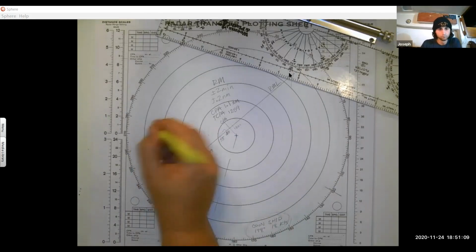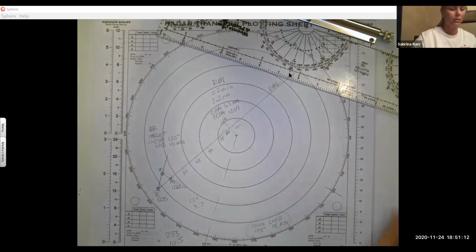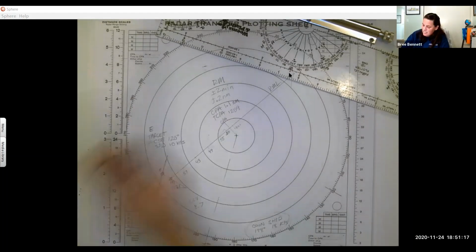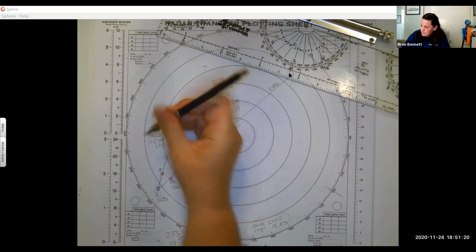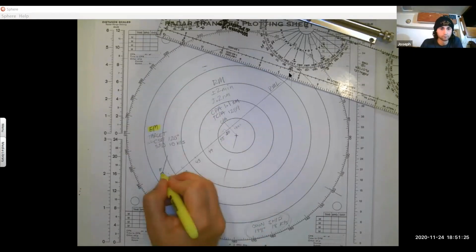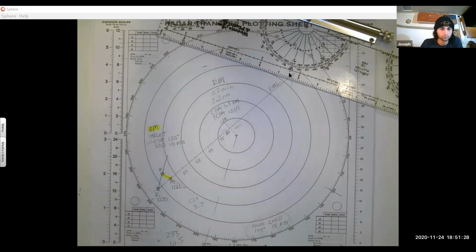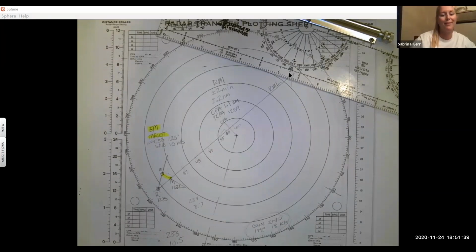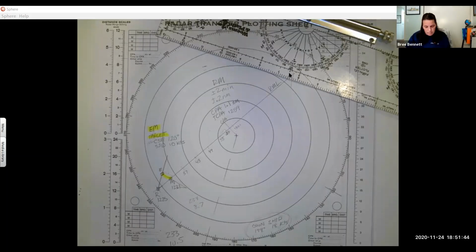Wait, I thought E to M was them. Sorry, you're right. Okay, E to M, which is the target. I thought it was 9 knots, but very close. Sounds good.